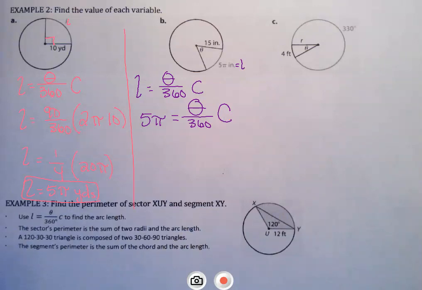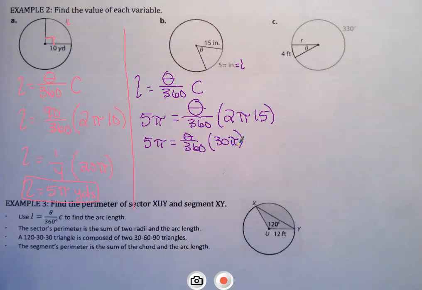How do we find circumference? We have all the things we need. 2 times pi times the radius, 15. There you go. So then we've got 5 pi equals theta over 360 times 30 pi.